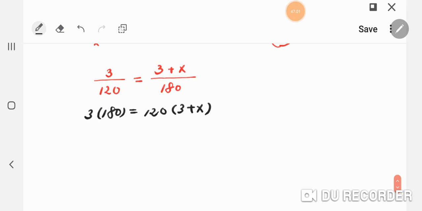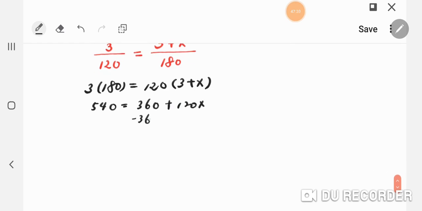X represents the additional ounces. So multiply this, then 540 is equal to 360 plus 120X, and minus 360 each side. Then this will be 180 equals 120X.